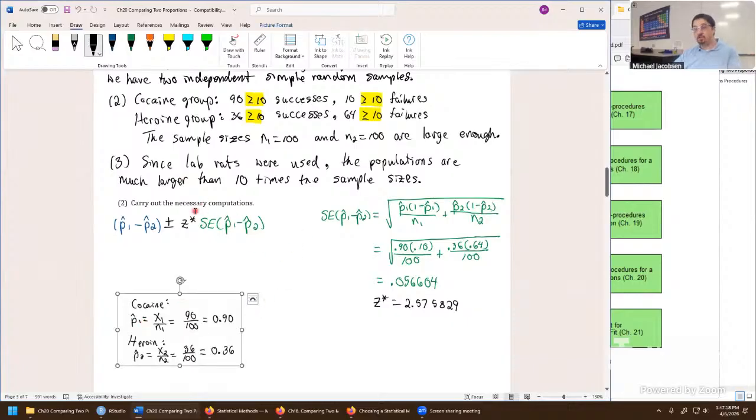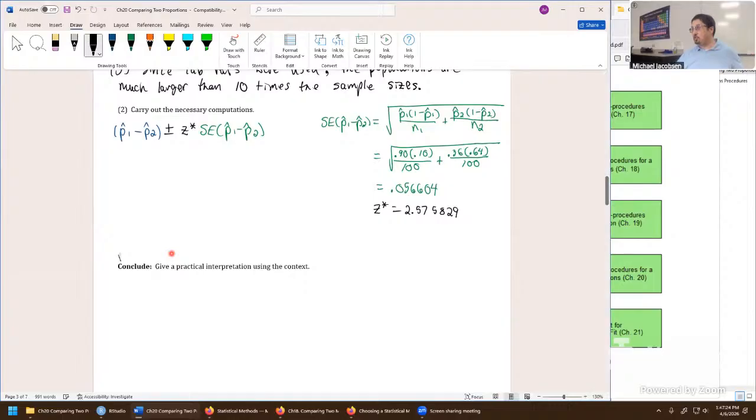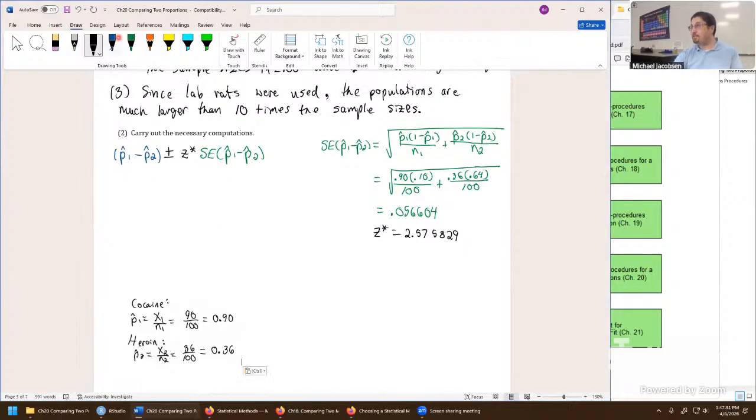After we have these two components, we can now just put this all together. So we have so far, in place of p hat 1 minus p hat 2, we can put in 0.90 minus 0.36. That's the percent dead for the cocaine group and the percent dead for the heroin group that we cited down below.